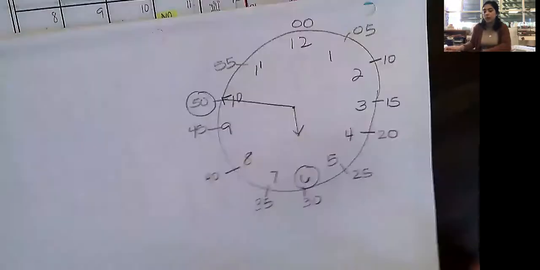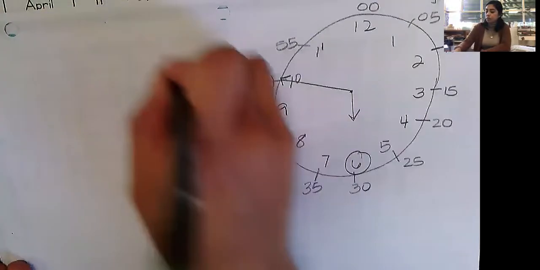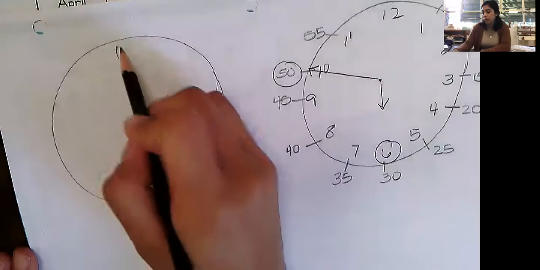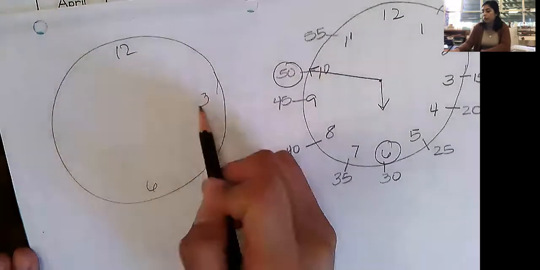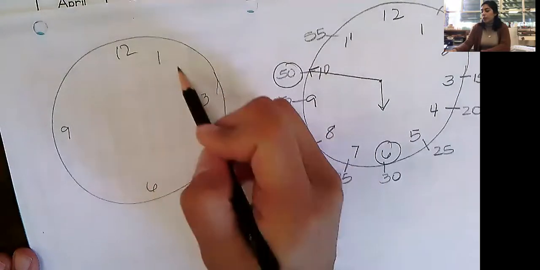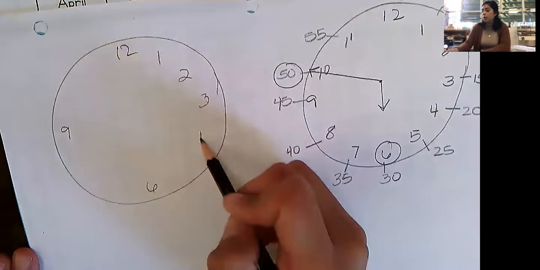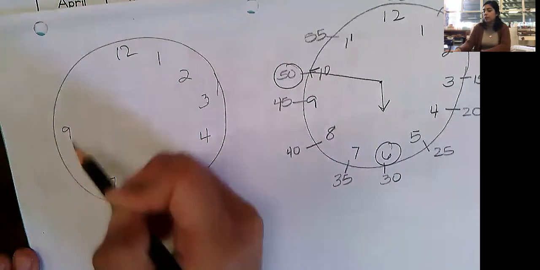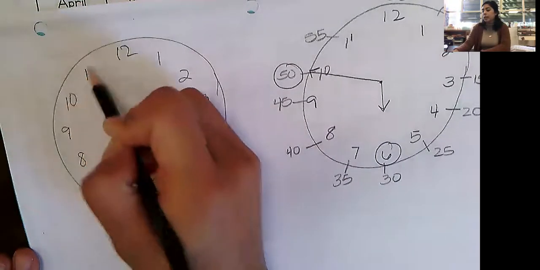Okay, we're going to do our clock. Go ahead and write out the numbers. 12, 6, 3, 9, and let's write it all out. 1, 2, 3, 4, 5, 6, 7, 8, 9, 10, 11, and 12.